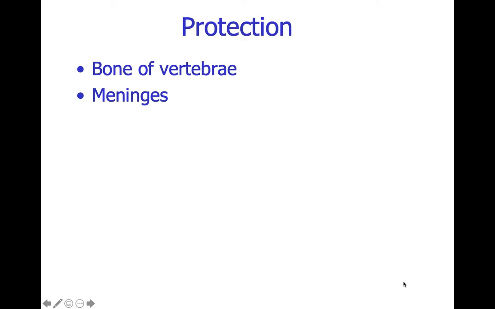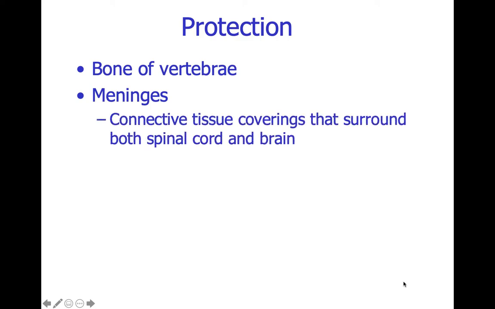Then we have the meninges. Meninges, it's a fancy word, right? Meninges is simply these various layers of connective tissue that wrap around both the brain and the spinal cord and help give them structure, help protect them from damage, help protect them from the outside world, if you will.